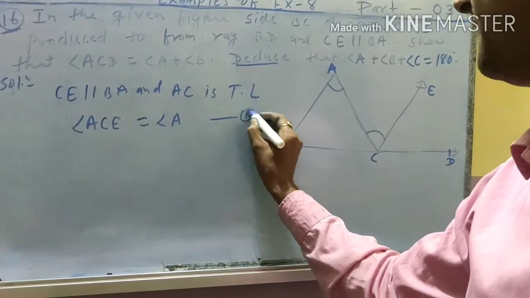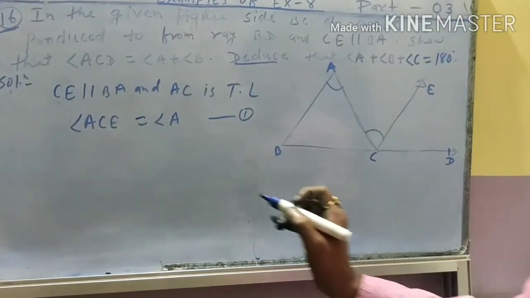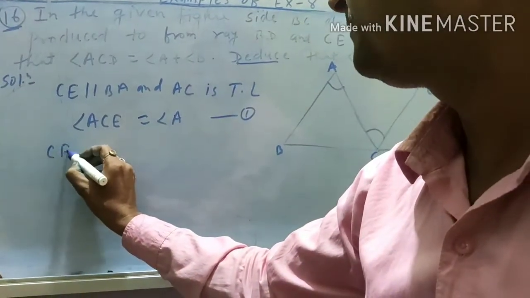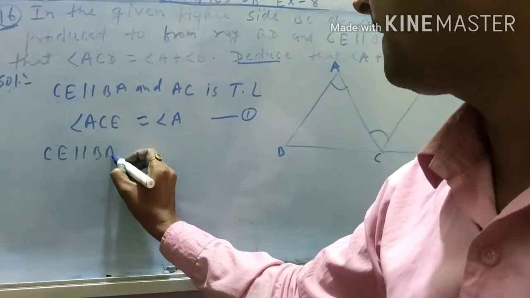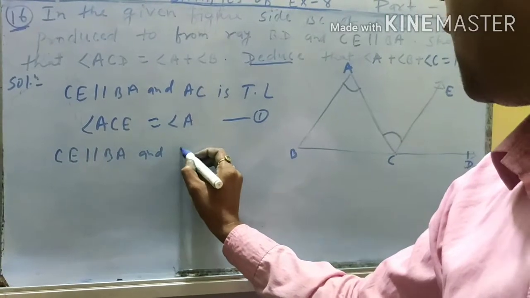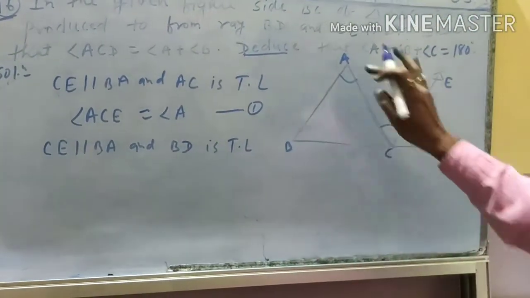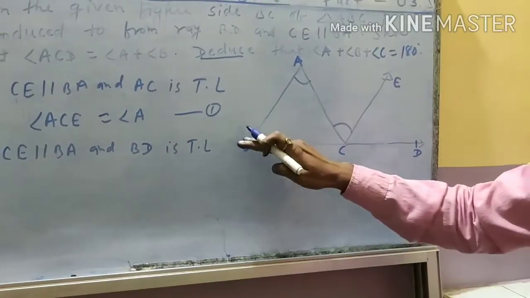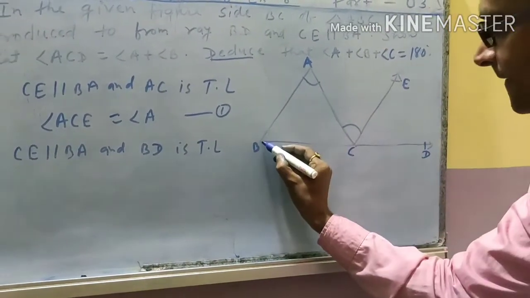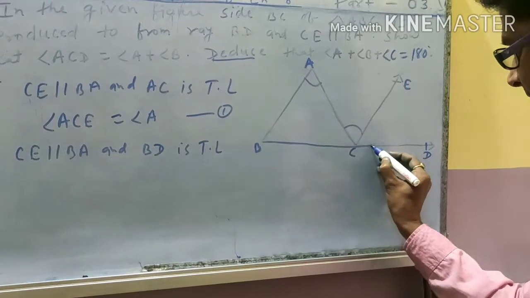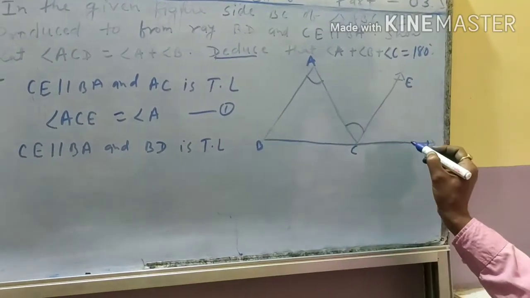This is equation first. Again student, CE is parallel to BA and BD is the transversal. Look at here. This line is parallel to this line and this is also a transversal line.